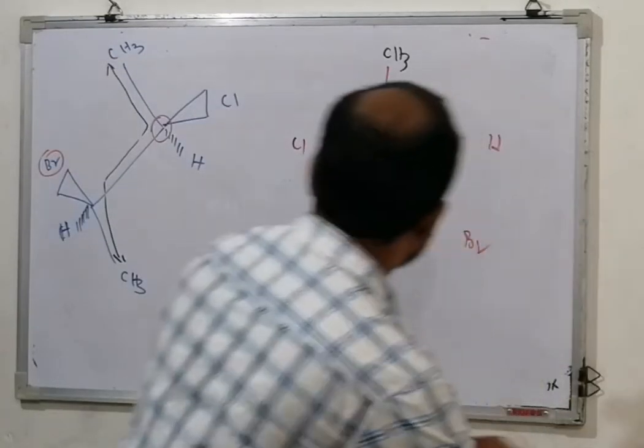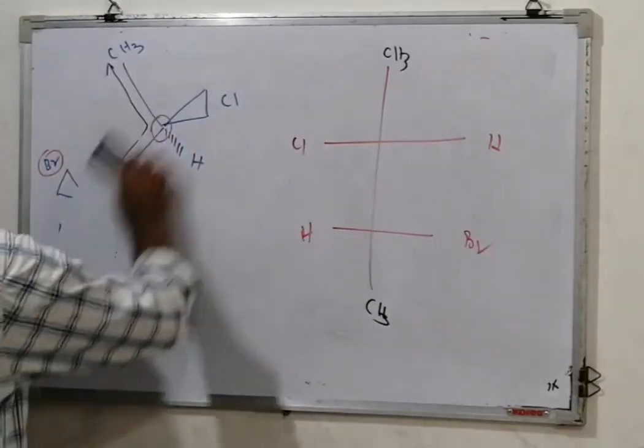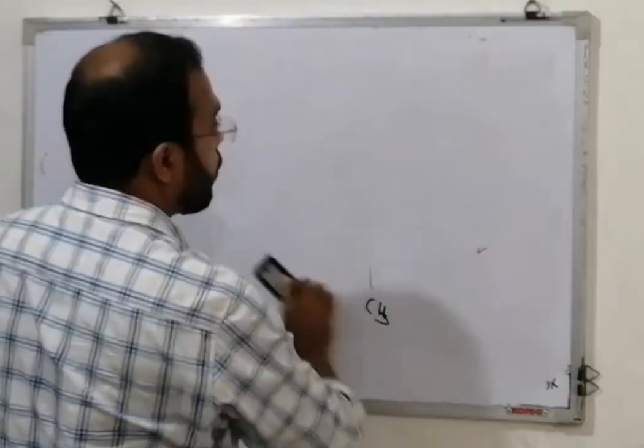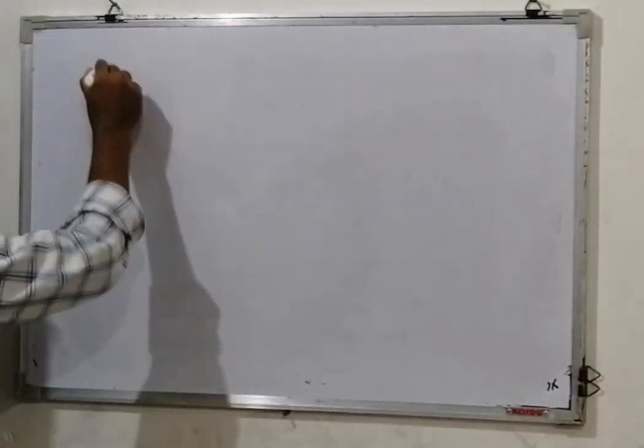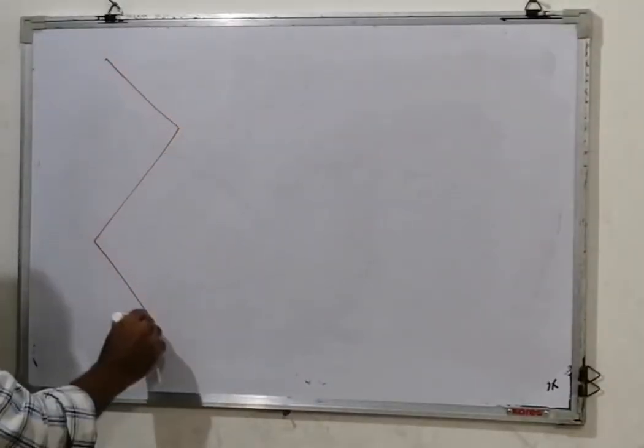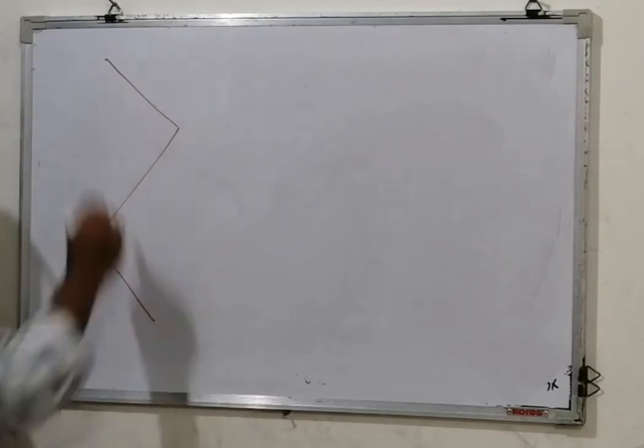Okay, now we can go to another example. Three chiral centers.